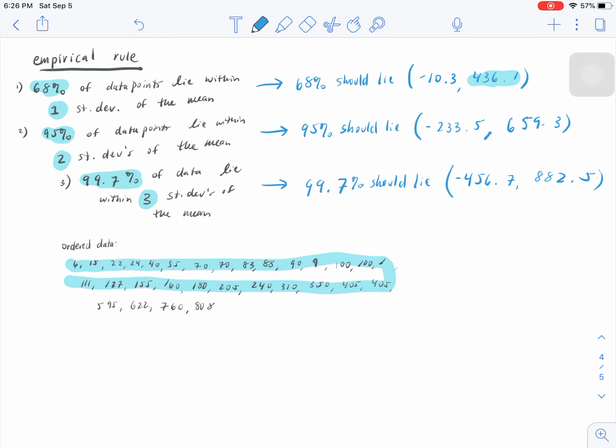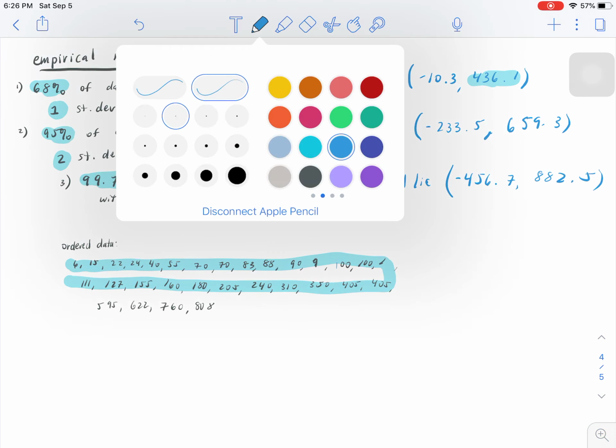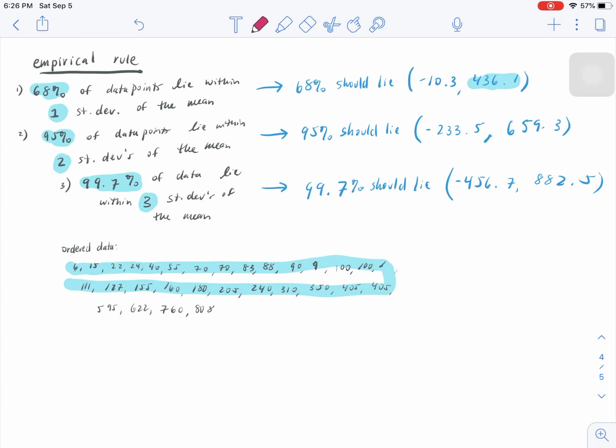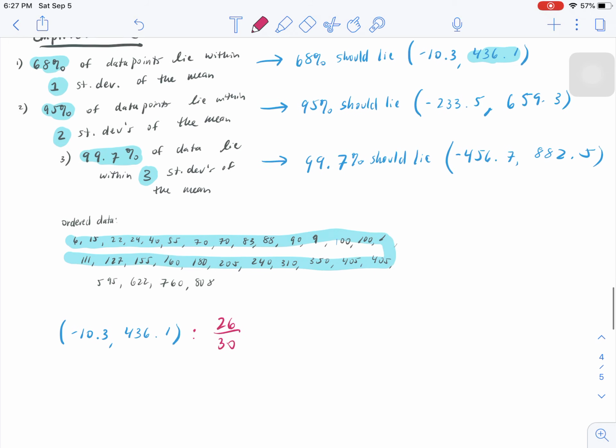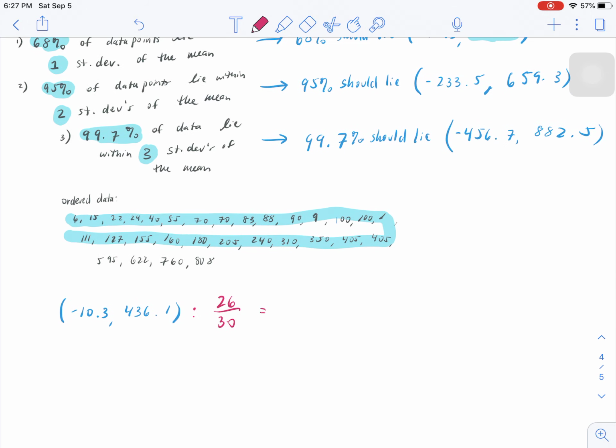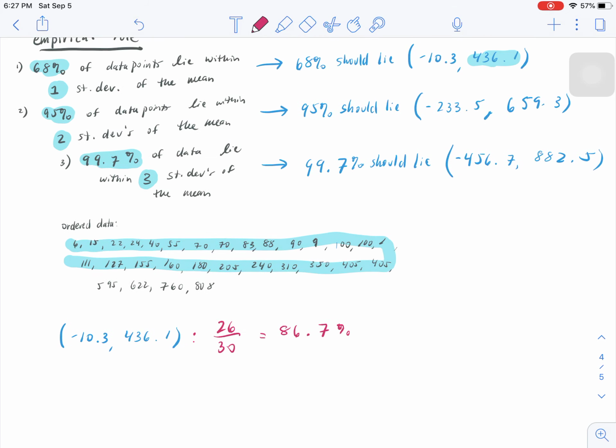If I count that up, that is 26 data points. So within this first interval, 26 out of 30 data points are here, so this percentage is 86.7%.